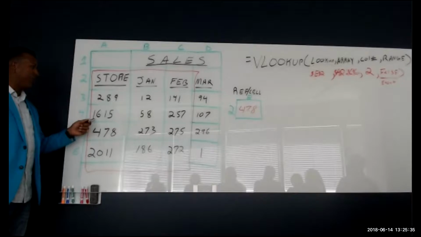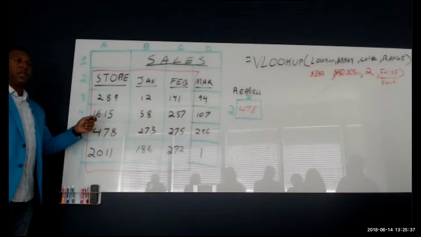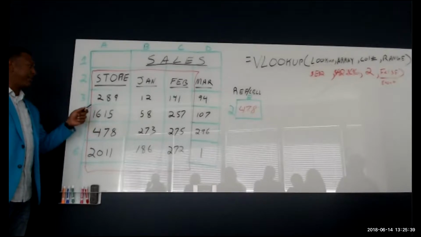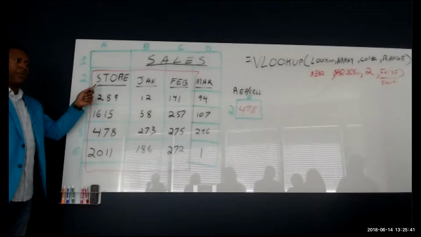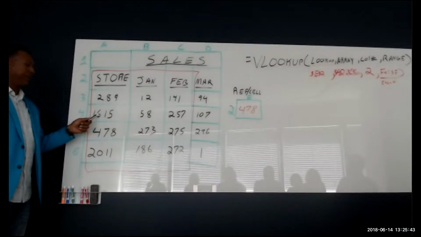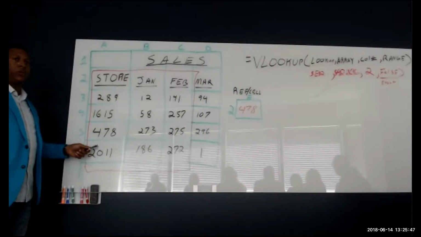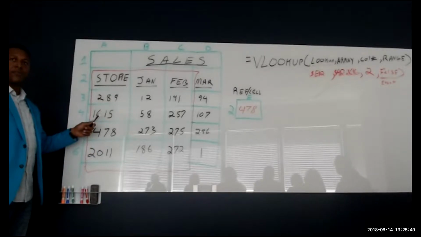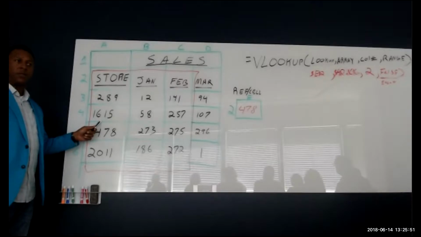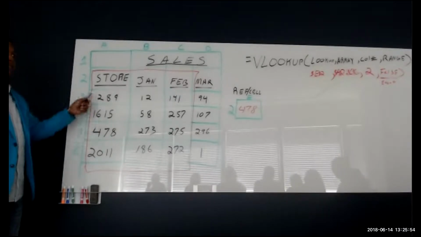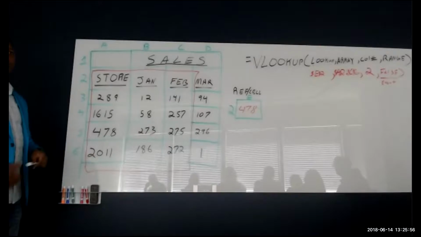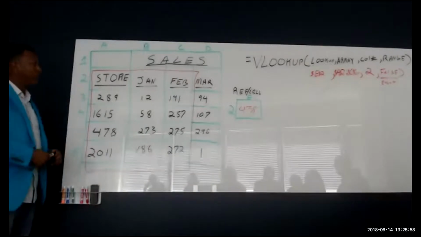If there are multiple store 615s, it will only find the first one going from top to bottom. If you have 615 2 cells down, it will ignore it. It will only pick up the first one.